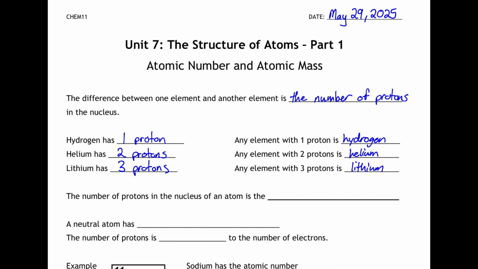The number of protons in the nucleus of the atom is known as the atomic number. And it's very simple. The atomic number is how many protons are in the nucleus. That's it. So the smaller number on the chart is the atomic number, and that's how many protons are in the nucleus.